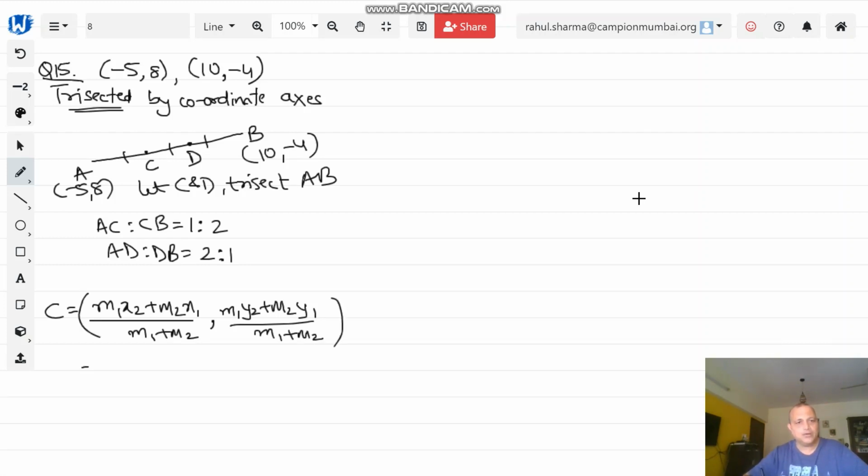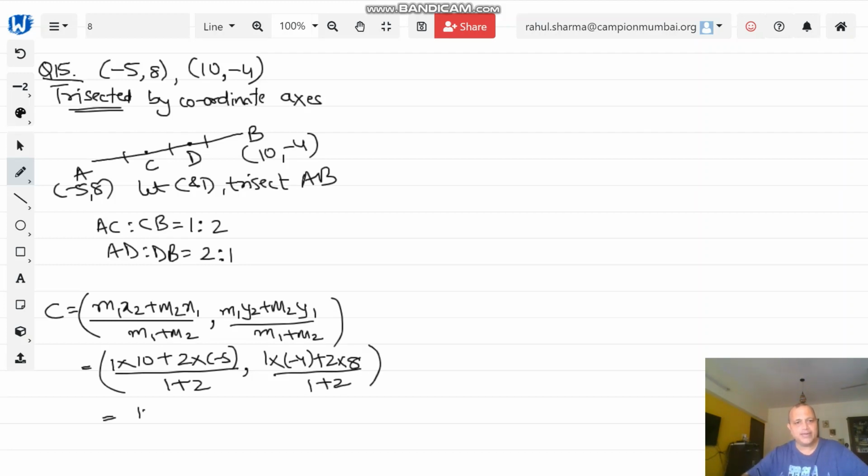Let's substitute values. So m1 is 1, x2 in this case is 10, plus m2 is 2, and x1 is -5, upon 1 plus 2, and m1 is 1, y2 is -4, m2 is 2, and y1 is 8, upon 1 plus 2.